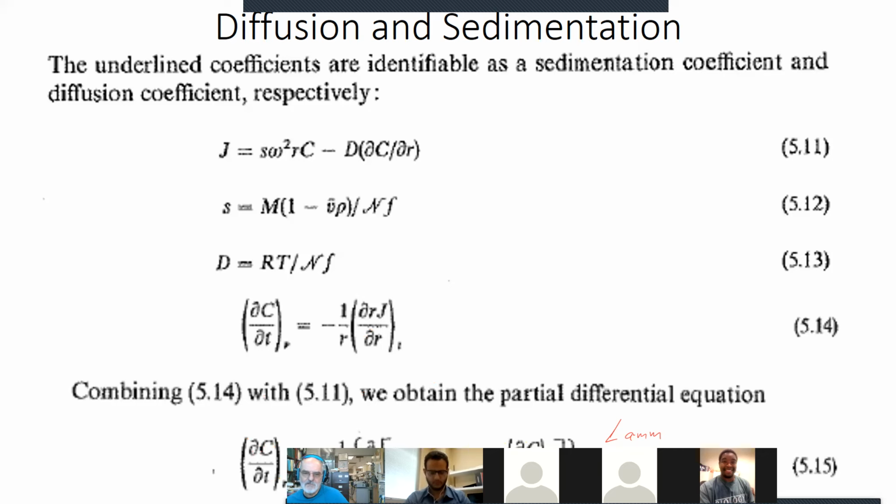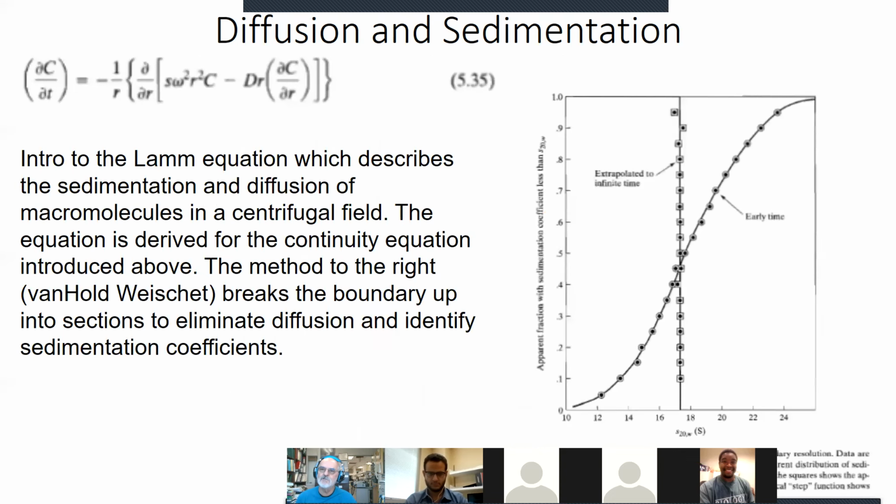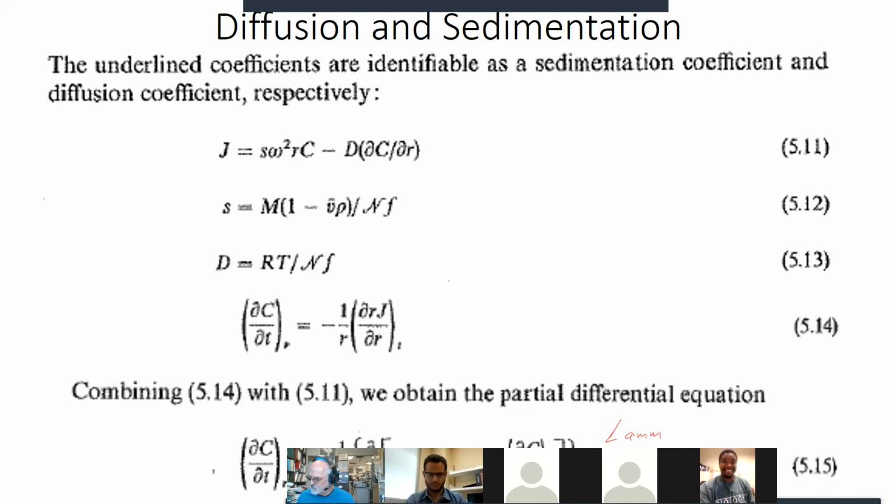There's a sedimentation that occurs, and there's boundary spreading that occurs once you have a gradient. So this is the way that we would generally solve what's happening in that boundary. And I think the next figures are going to show us something about that. Now, it turns out that this equation is hard to solve.